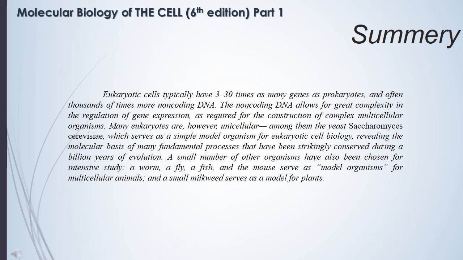These regulations are essential for complex multicellular organisms. But many eukaryotes are unicellular, and some of them have been used as models for genetic studies. Other organisms that have been used and are being used as genetic models are a worm, a fly, a fish, a mouse, and also a milkweed as a plant model.